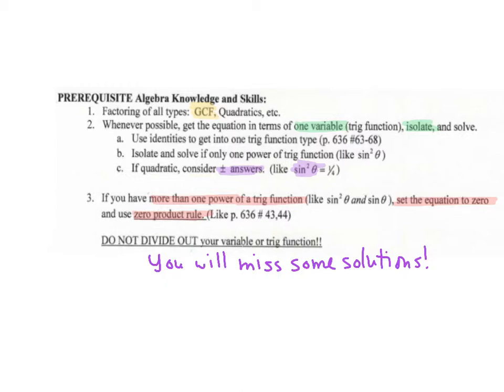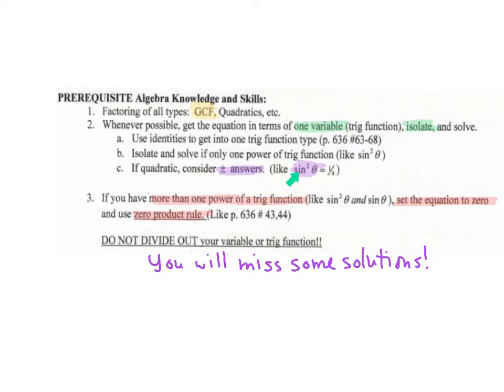And just a few words about the algebra that you need. Often students wonder why they don't do as well on this test, and it's because it's so cumulative. So expect to have to work harder in this area because you're bringing back everything that you have learned before. GCF factoring is huge. It's going to help you out of a lot of rough spots. We have a lot of quadratic factoring. Whenever possible, if you can get into one variable, now one variable could be sine x, it could be sine squared x.